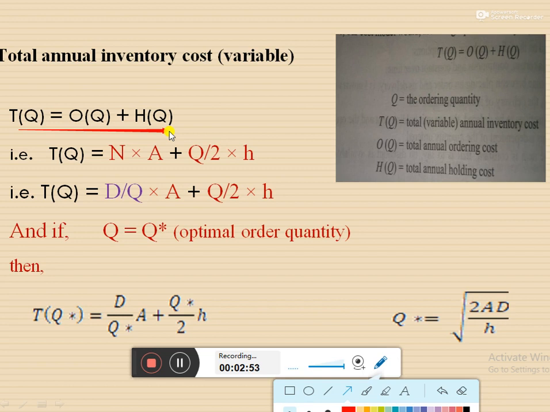In the classical model, the purchase cost becomes irrelevant while determining the order size, because purchase cost is considered constant. So the focus of the decision makers remains on minimizing the annual variable cost, that is denoted by ordering cost and holding cost only. In that case, we used these formulas to calculate the optimal order quantity and to calculate the annual inventory or annual variable cost.